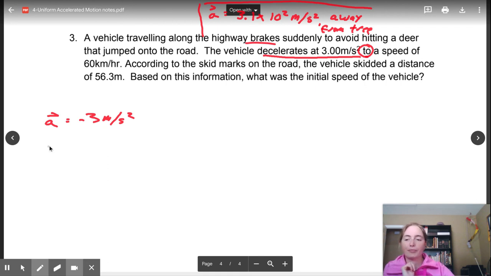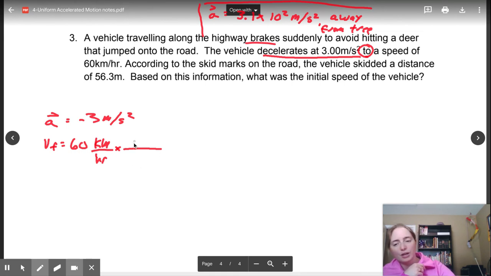So that means VF. Ladies and gentlemen, can I do my math in this? It needs to be meters per second. So let's just convert this right now. We can do either time or distance first.